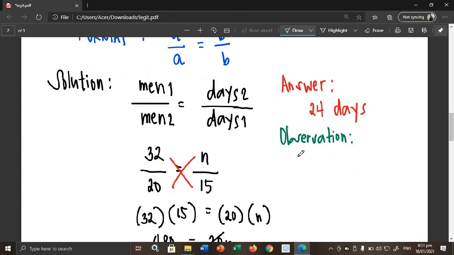So, you have 32 over 20 equals 24 over 15.